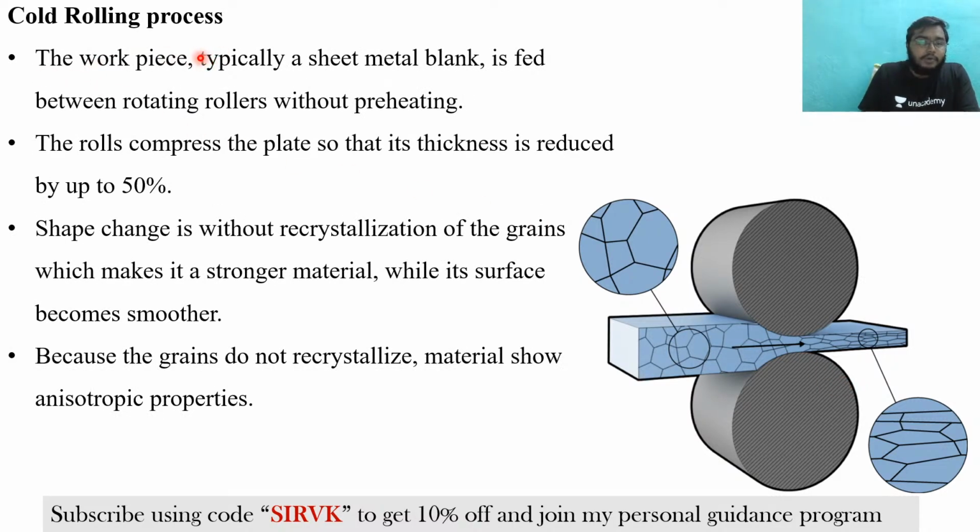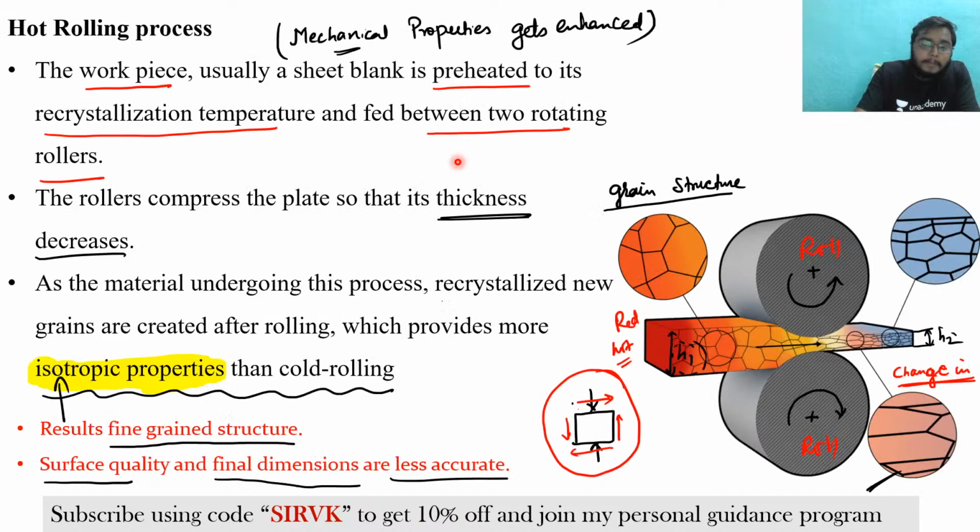I have told you earlier that whenever you get a reduction of 50%, understand, the workpiece, typically a sheet metal blank, is fed between rotating rollers without preheating. In the earlier case we were preheating and then feeding it into these rolls.